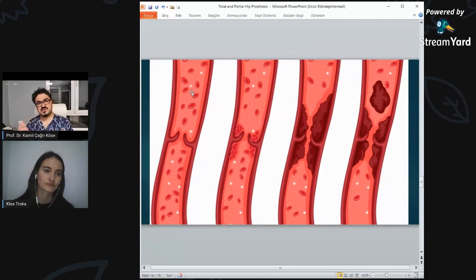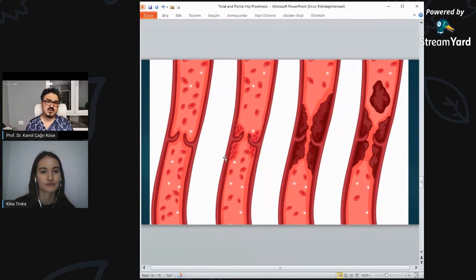Also, the manipulations that we make around this hip joint cause some torsion of the arteries or veins, and in the end, the vein's inner layer may have small damages, which we call intimal damage.